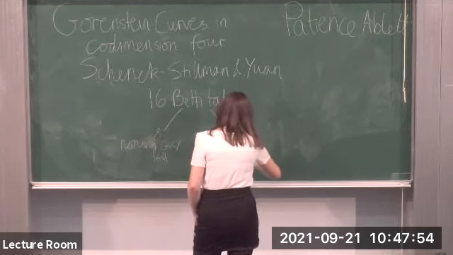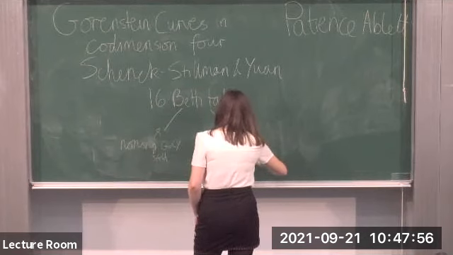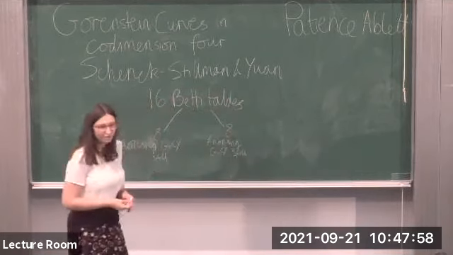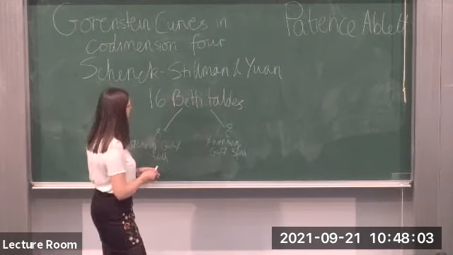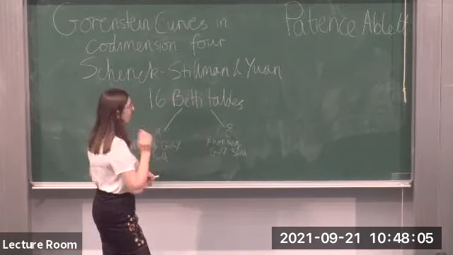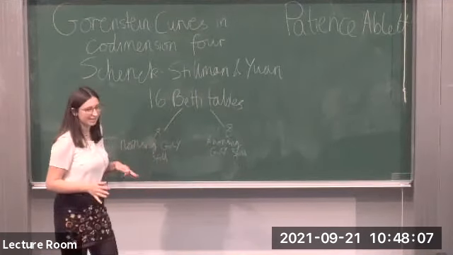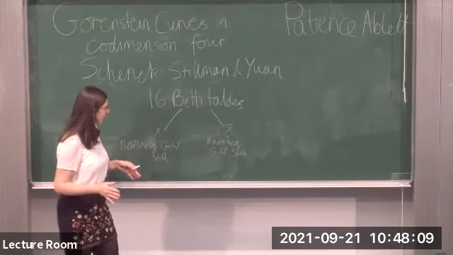In P7. And so our work focused on this second list of 8 Betti tables. We wanted to populate this list with concrete constructions of curves.